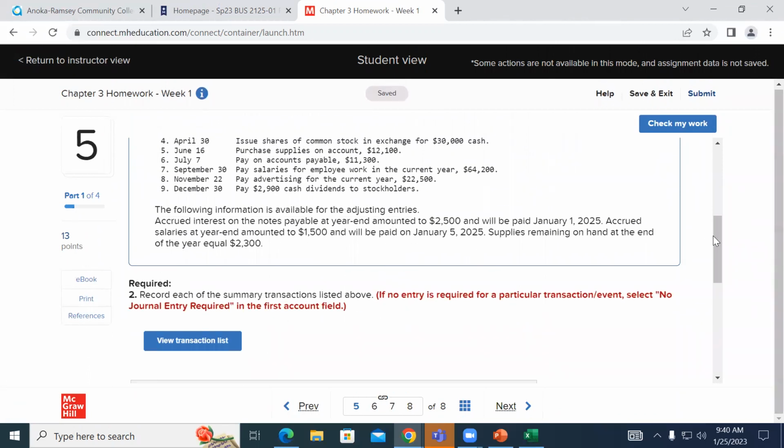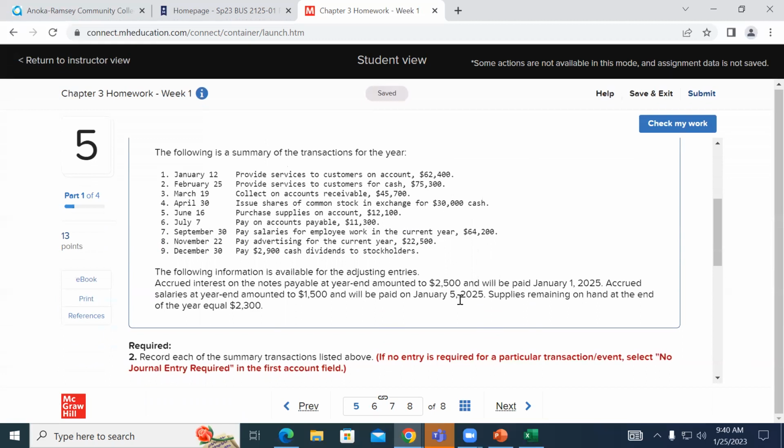Then it says the following information is available for the adjusting journal entries. Accrued interest on the notes payable at year end amounted to 2,500 and will be paid on January 1st, 2025. Accrued salaries at year end amounted to 1,500 and will be paid on January 5th. Supplies remaining on hand at the end of the year equal 2,300.